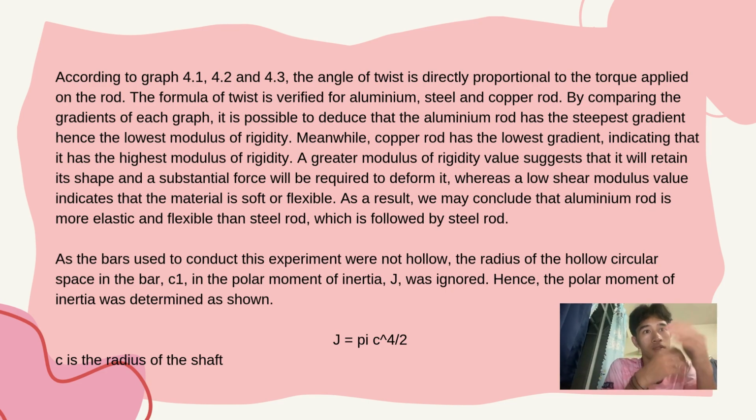A greater modulus of rigidity value suggests that it will retain its shape and a substantial force will be required to deform it, whereas a low shear modulus value indicates that the material is soft and flexible. As a result, we may conclude that the aluminum rod is more elastic and flexible than the steel rod, which is followed by the copper rod.